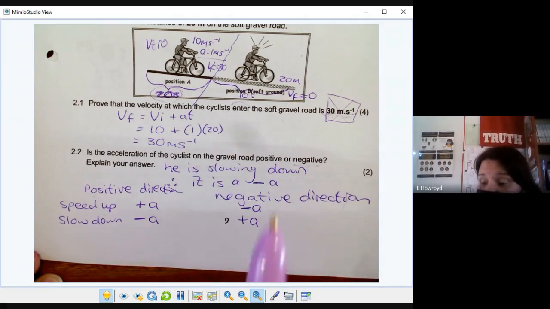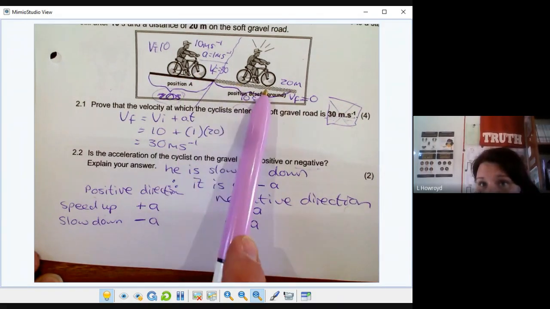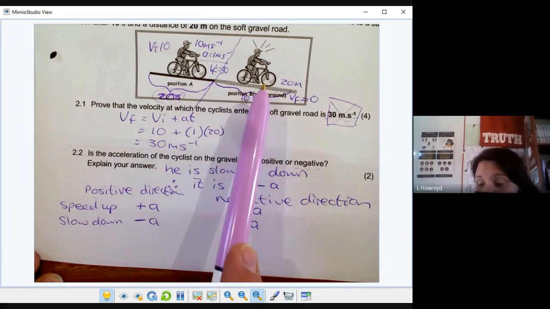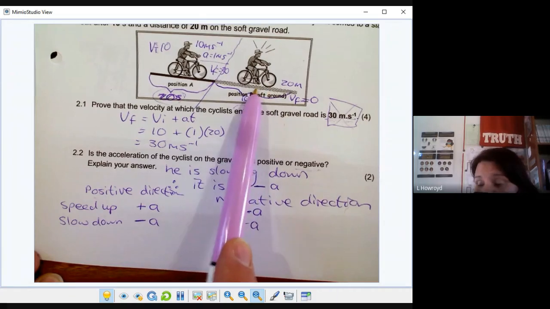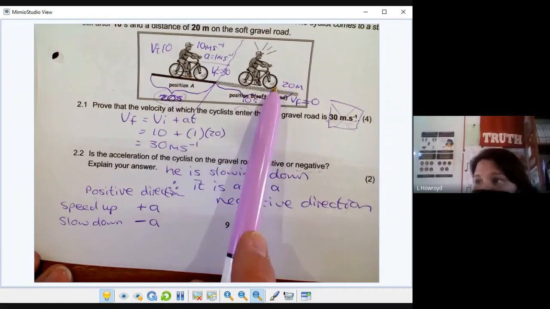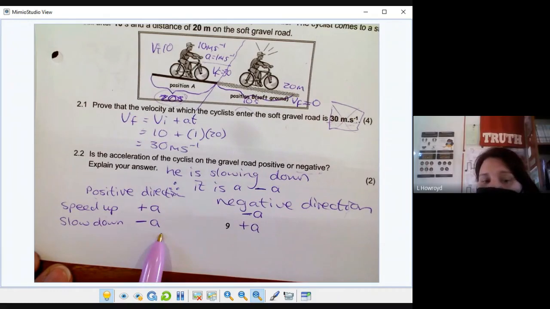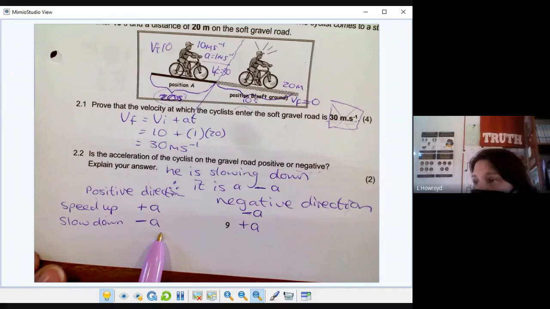For example, we know that there has not been a change in direction here, and we know that he is slowing down. When there's no change in direction, we can choose that direction as positive. So we're in a positive direction and he's slowing down. That negative acceleration is because he's slowing down in a positive direction.